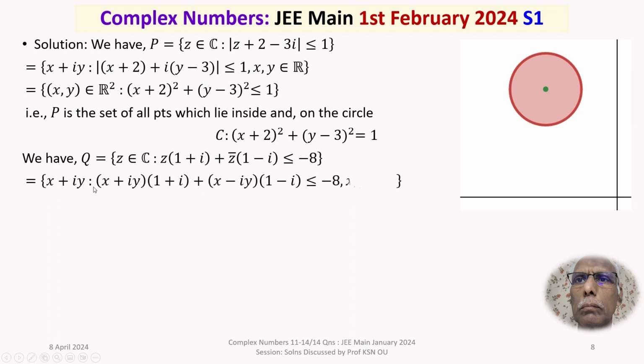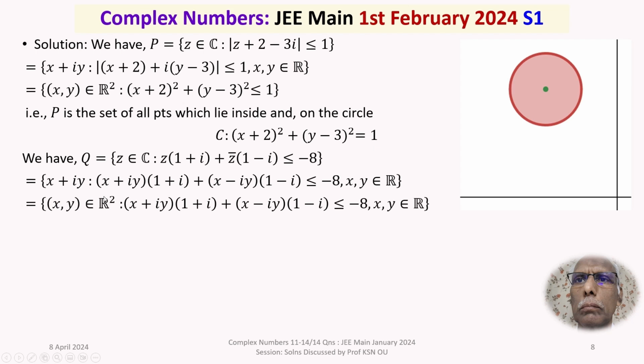So (x plus iy) multiplied by (1 plus i) plus z bar, the complex conjugate, that is (x minus iy) multiplied by (1 minus i), is less than or equal to minus 8, where x and y are real numbers. Agreed. Now this is the set of all those ordered pairs (x, y) belonging to R square, such that (x plus iy)(1 plus i) plus (x minus iy)(1 minus i) is less than or equal to minus 8.